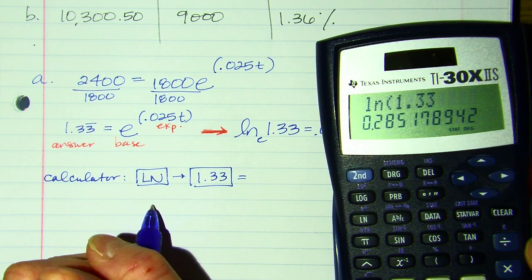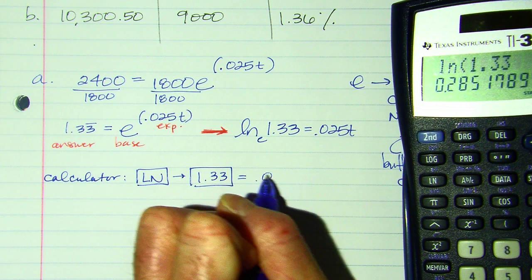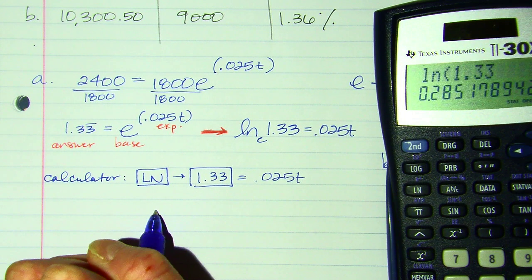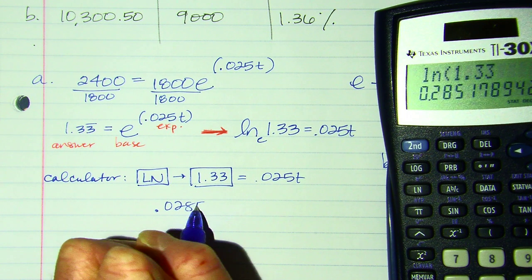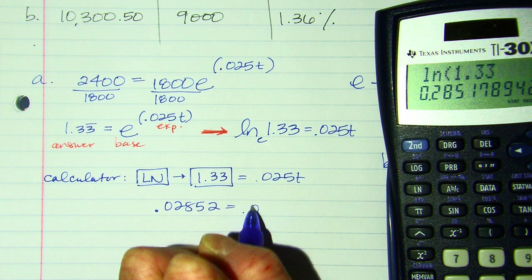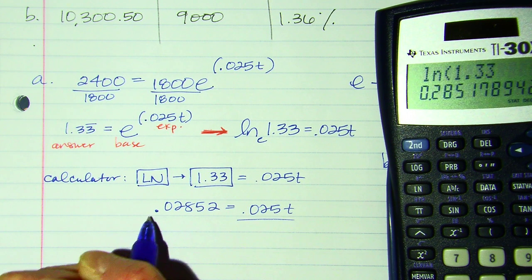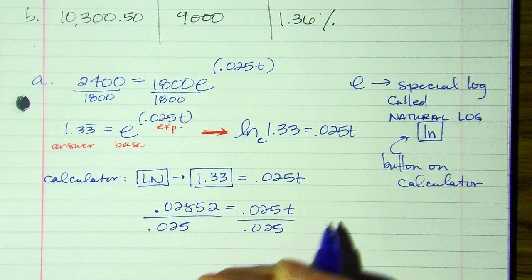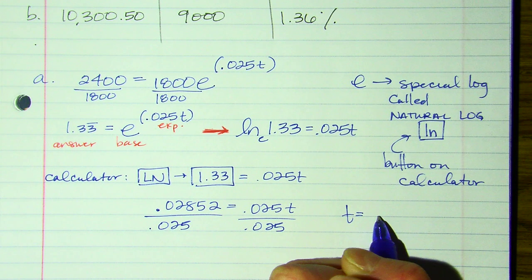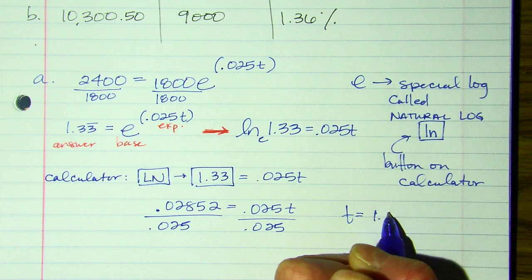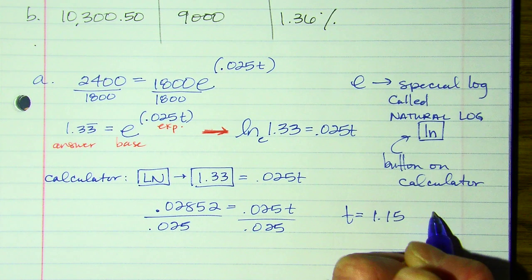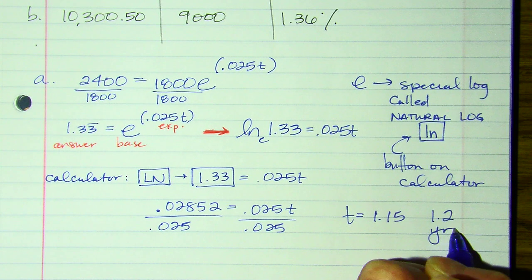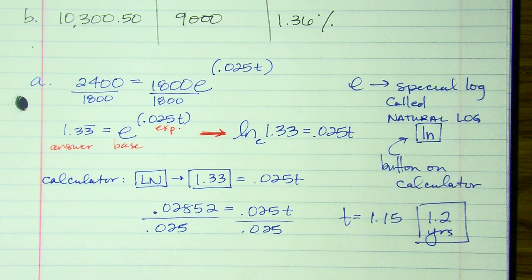I got 0.02852 equals 0.025 t. Divide both sides by 0.025. And I have t equals 1.15, so I'm going to put 1.2 years. Okay.